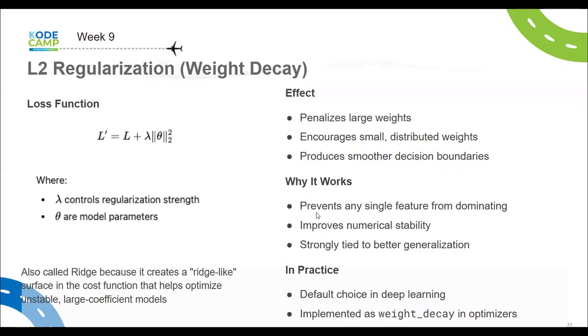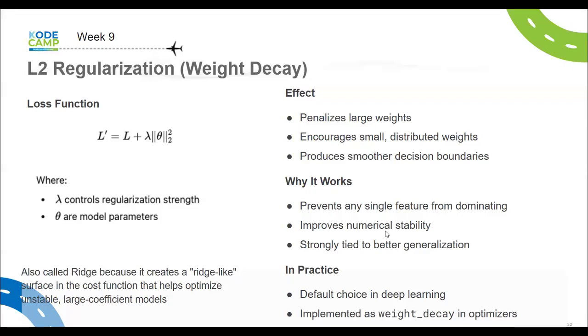Why it works is that it prevents any single feature from dominating. It improves numerical stability because its value is high, right? You want a low loss, so the optimizer will always try to adjust for lower parameter values, rather than trying to go high, because if the parameter values are high, the regularization penalty will also be high.